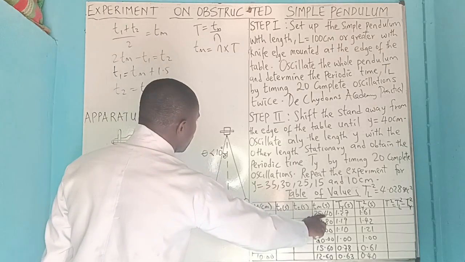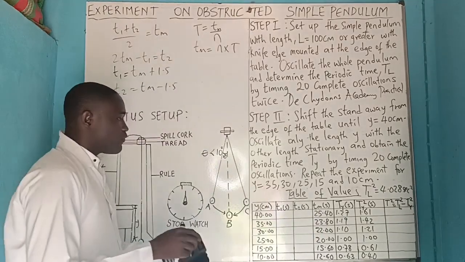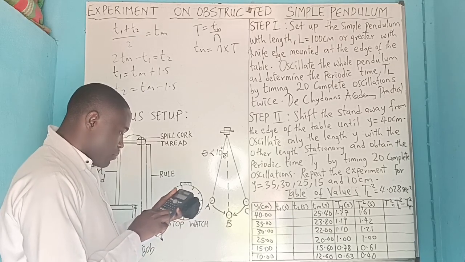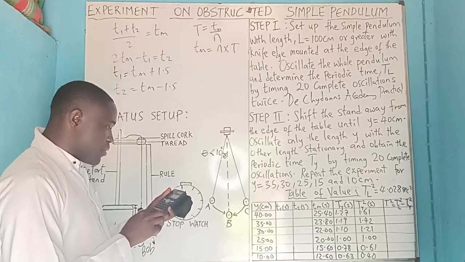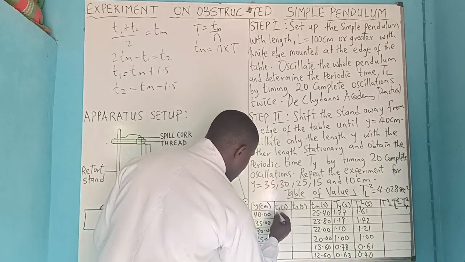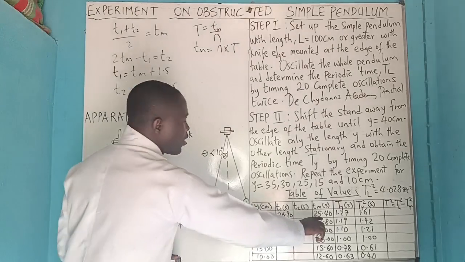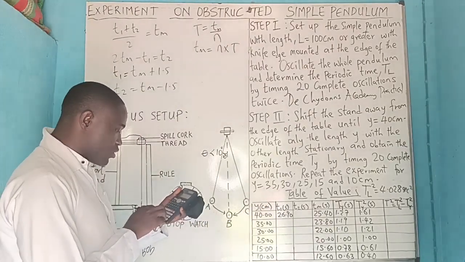We will add 1.5 to 25.4. 25.4 plus 1.5 will give me 26.9. I will subtract 1.5 from 25.4.